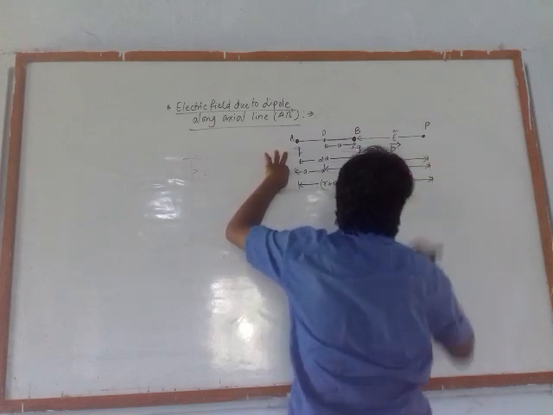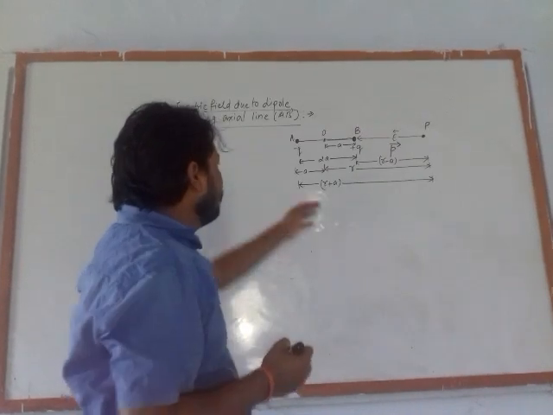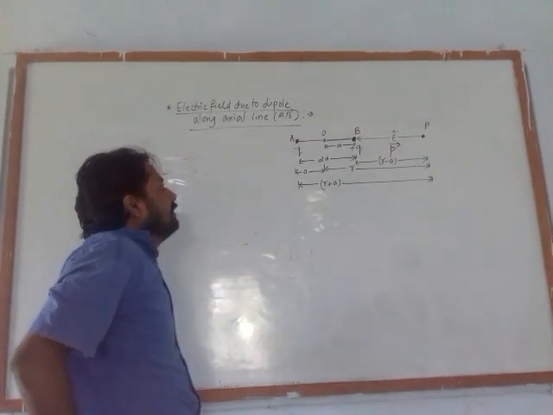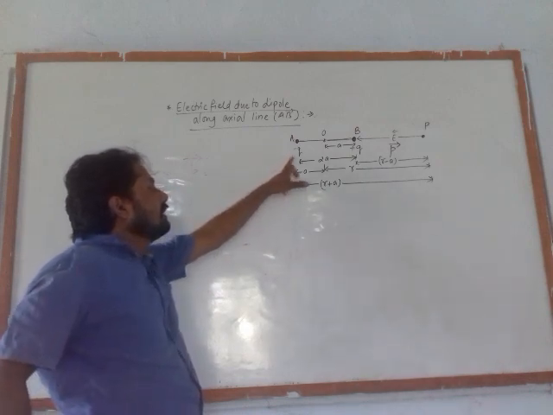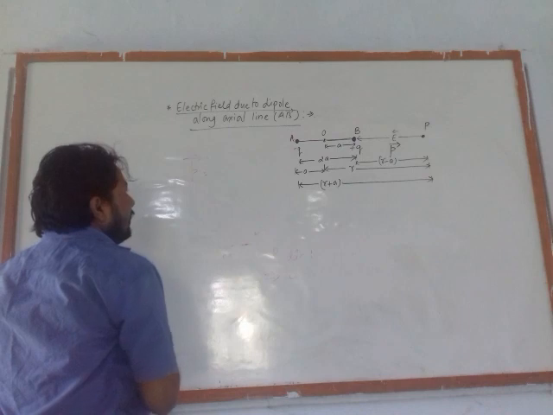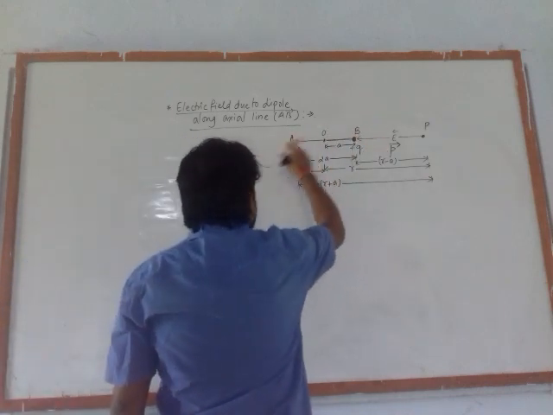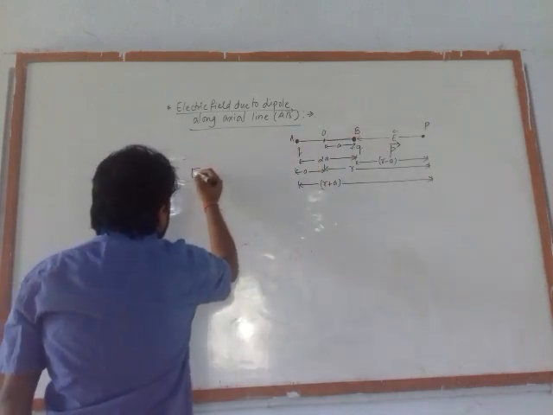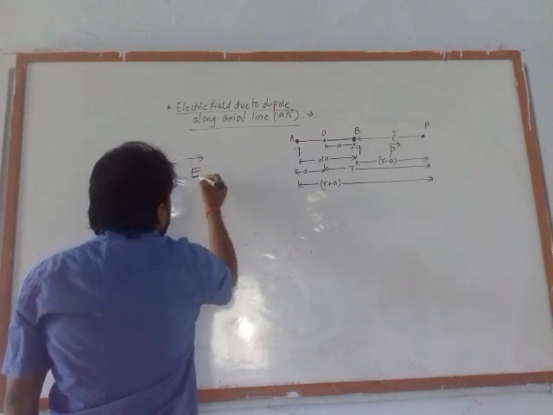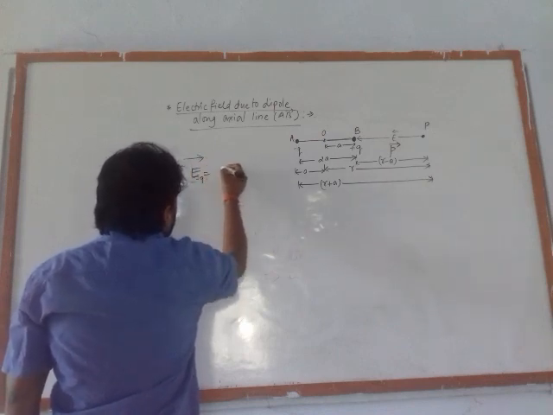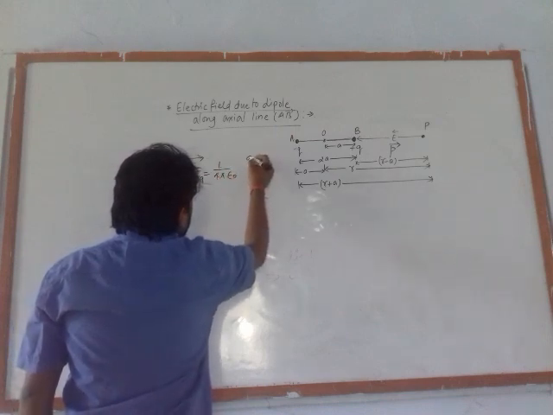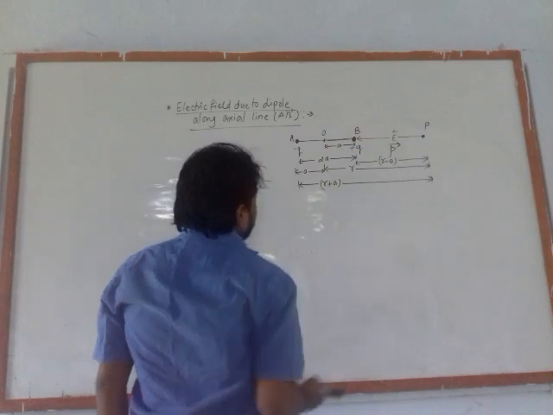R minus A. So now students, it's very easy to calculate the electric field at point P due to the negative charge as well as the positive charge. First of all, we write the electric field at point P due to the negative charge. It can be written as 1 by 4 pi epsilon naught, charge by the square of the distance.